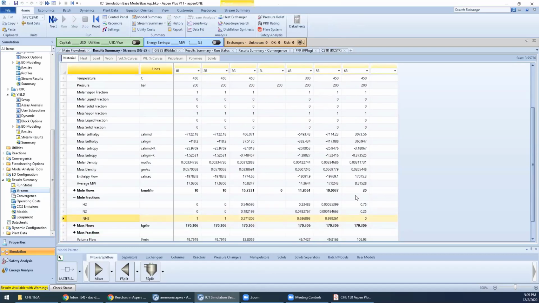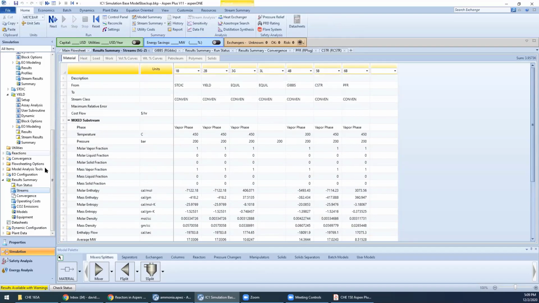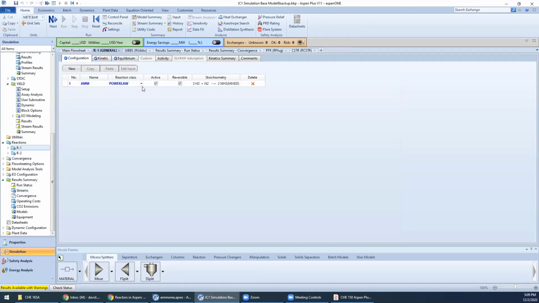And something's up with the PFR. But that is how you would go in and add the reactions. Power law, LHHW, equilibrium are the most common ones. I'd be surprised if you used many others.